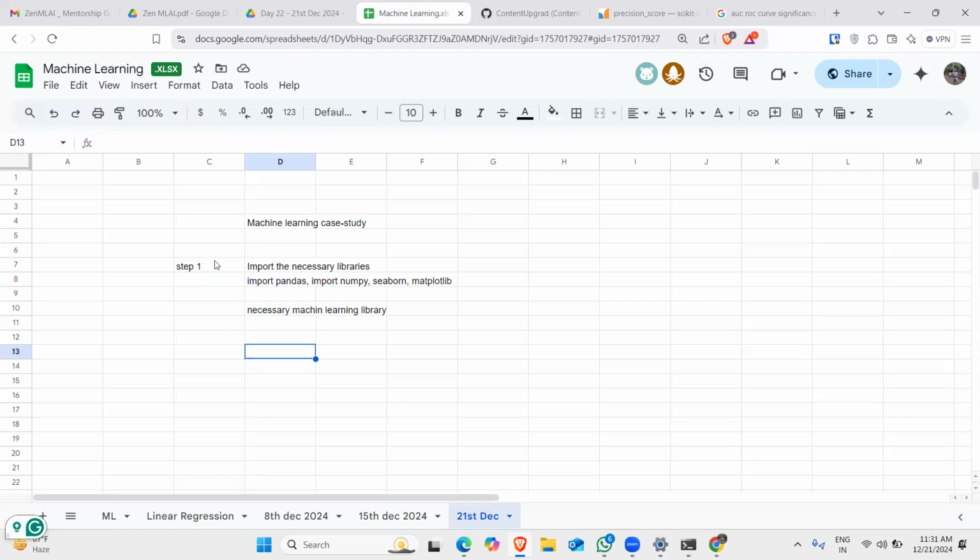As part of step number 2, you read the data by using pd.read_csv or read_excel depending upon the data type.